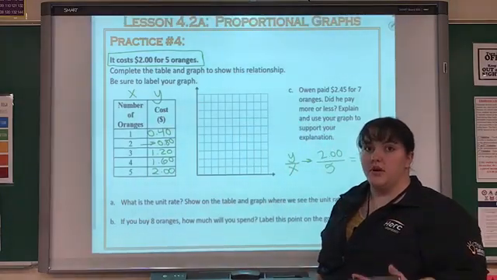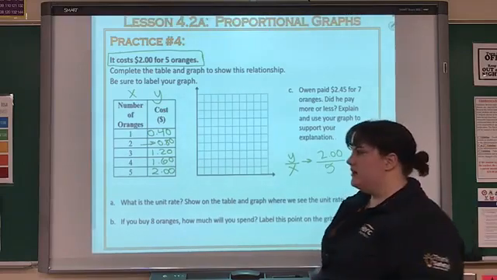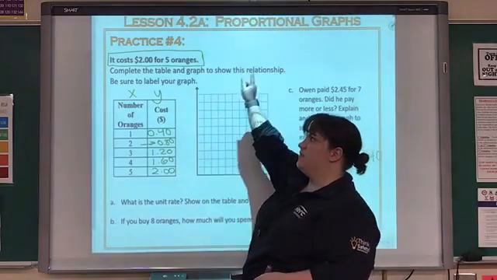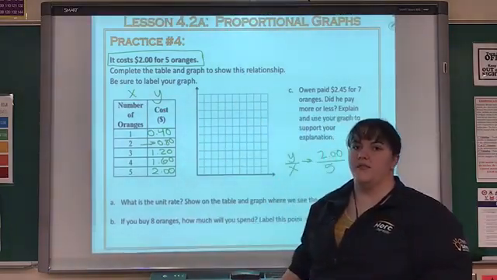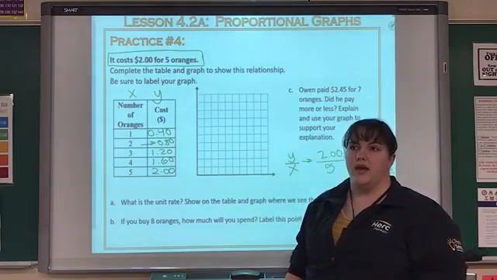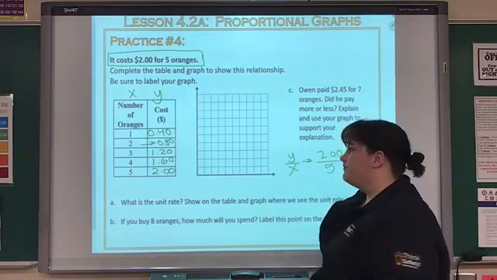Now, we want to graph these points. But this is a case where we're not just going to have 1, 2, 3, 4, 5, 6, 7, 8, 9, 10, and 1, 2, 3, 4, 5, 6, 7, 8, 9, 10 for our graph. We need to label it and see what our units need to be so that we can properly graph all of the points that we need.